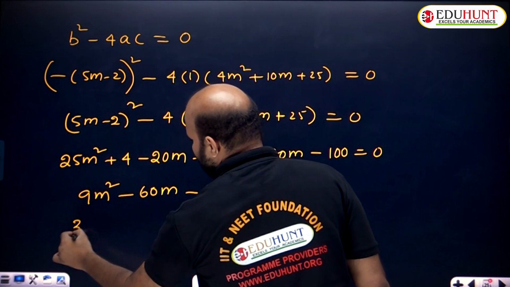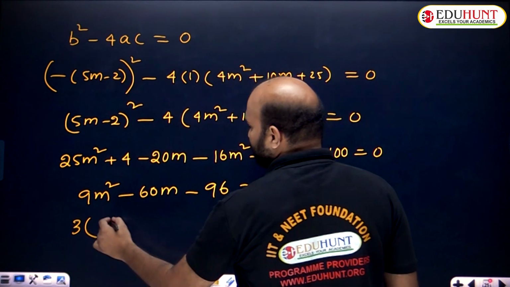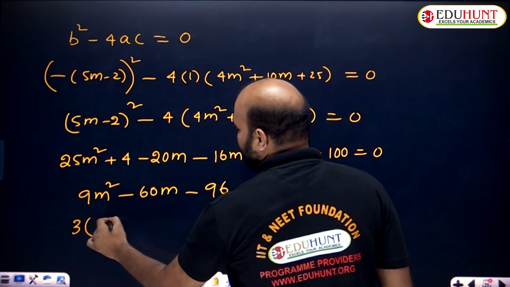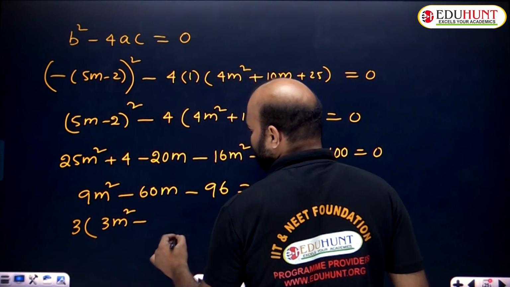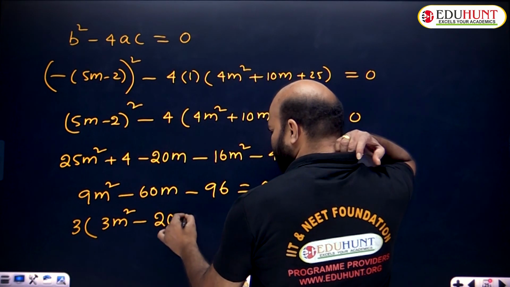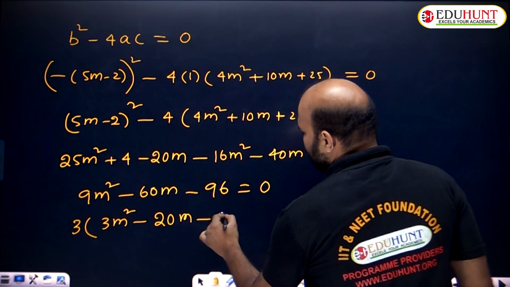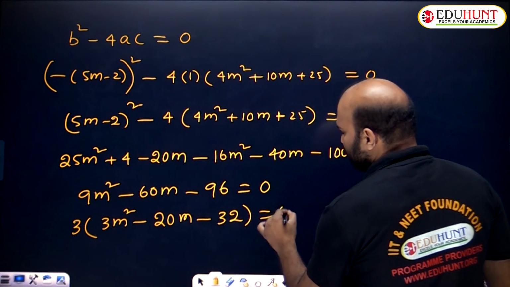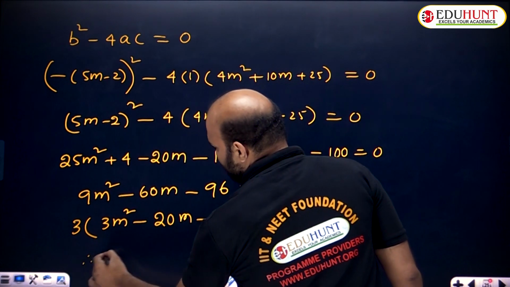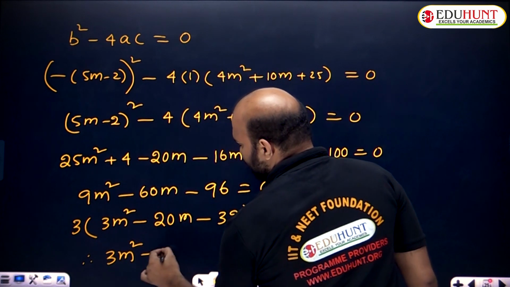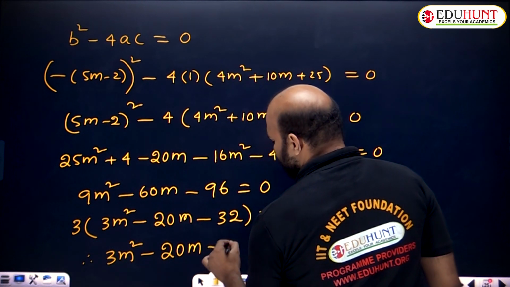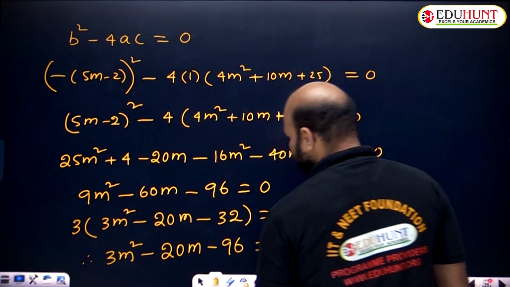So taking 3 as a common factor, it can be written as 3m square minus 20m minus 32 equal to 0, because 0 by 3 is nothing but 0.